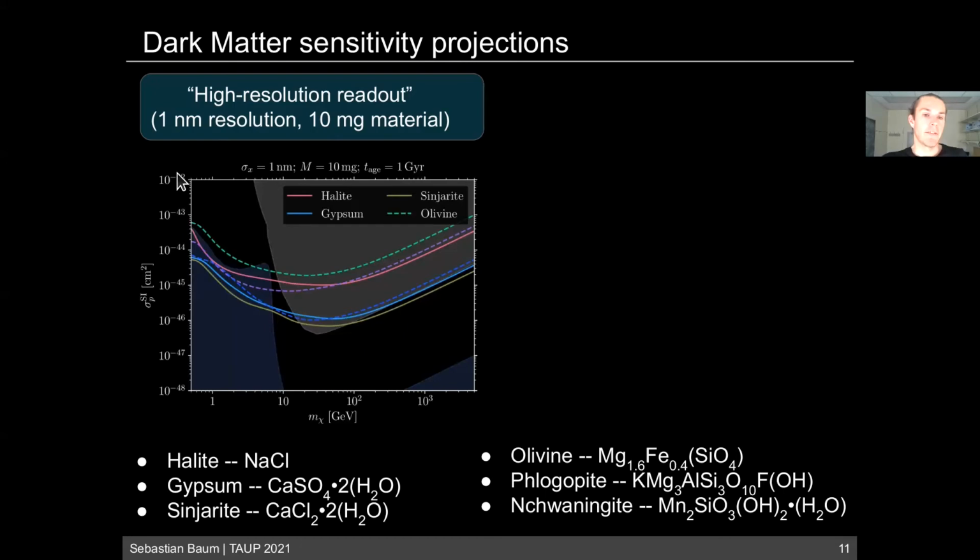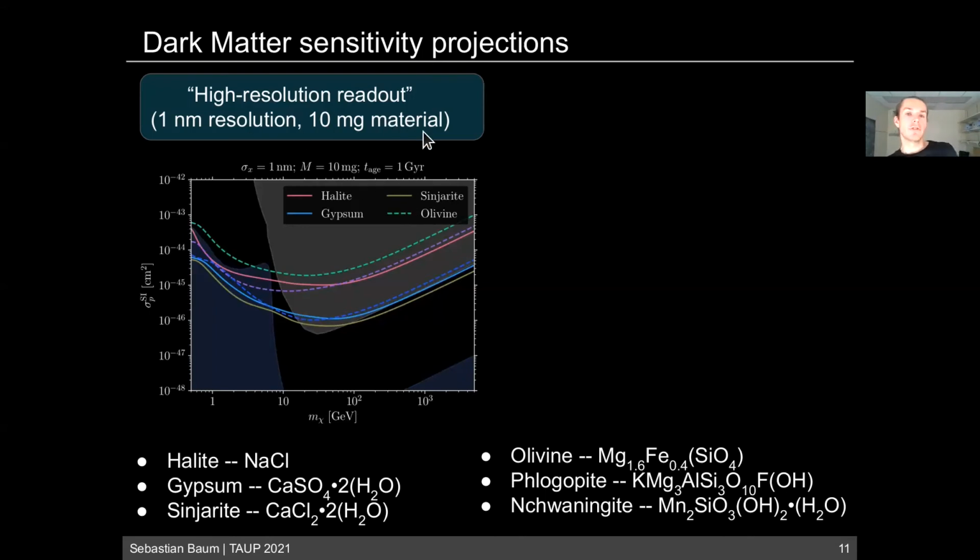This is the typical direct detection plane. This is the spin-independent WIMP-proton interaction cross section on the y-axis and the dark matter mass on the x-axis. In this gray band, I'm showing you the currently existing direct detection experiments. And just to guide the eye, this blue shape down here is the conventional neutrino floor in a xenon-type experiment.